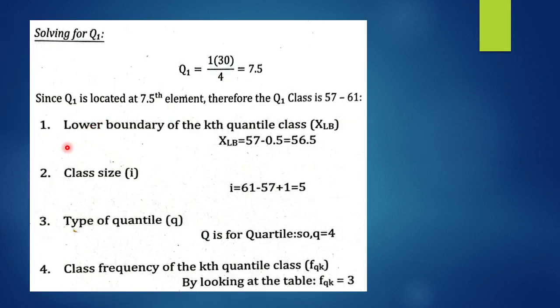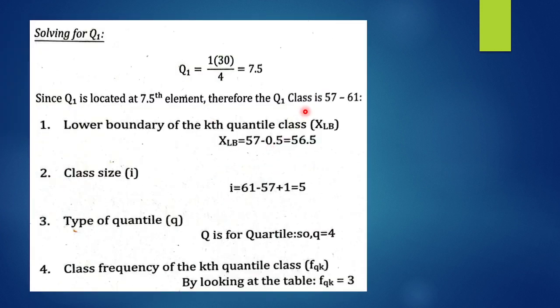Now, first step is getting the lower boundary of the kth quantile class, or XLB. So our quantile class, or first quartile class, is found on the 57 to 61 class. As we know, the lower boundary should be deducted by 0.5.